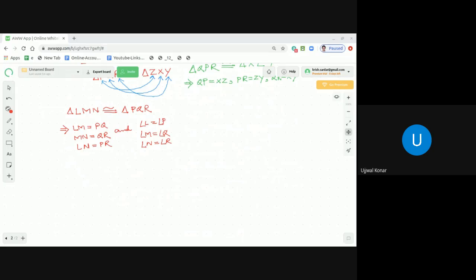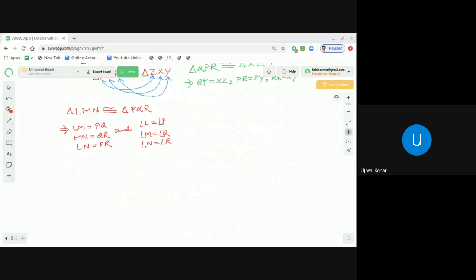However, it is sufficient to establish the equality of 3 corresponding parts and use one of the following results to deduce the congruency of 2 triangles. What does it mean? As far as triangles are concerned, dear students, it is not important that you measure all these 6 parts individually.